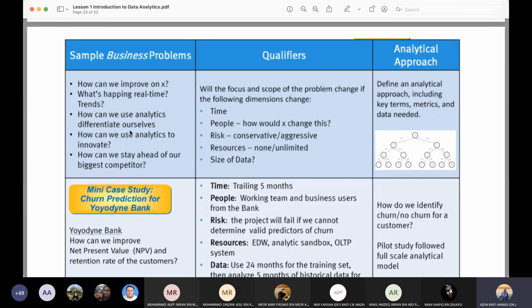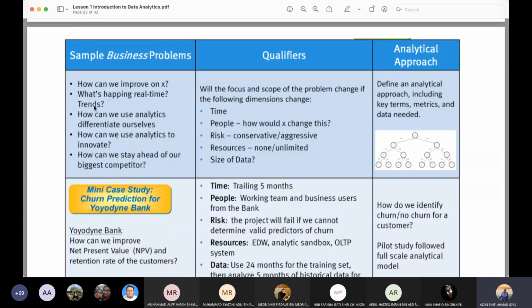Ialah kalau nak buat business kan, takkanlah you nak bagi diskaun sepanjang masa, diskaun yang sangat banyak, nanti tak boleh make profit pula. And then we can see how can we use analytics to innovate new products, and how can we stay ahead of our biggest competitor. So those are the things that we can use analytics for.